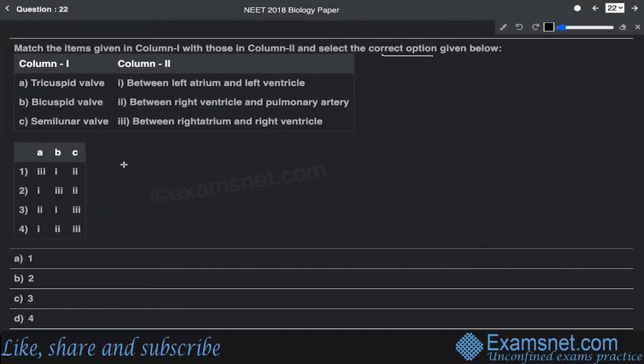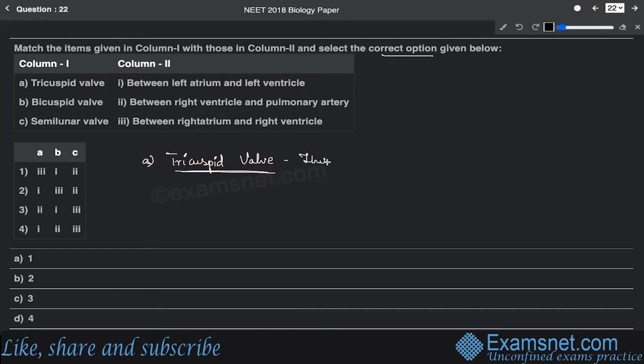All right, so let us talk about the first category, which is tricuspid valve. Now let me tell you that this tricuspid valve is located at the junction between the right atrium and the right ventricle.